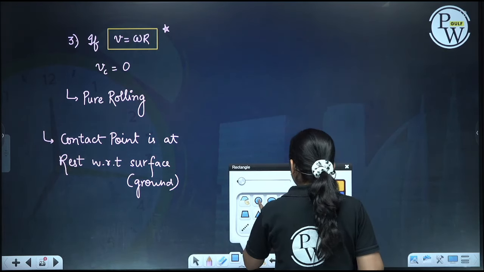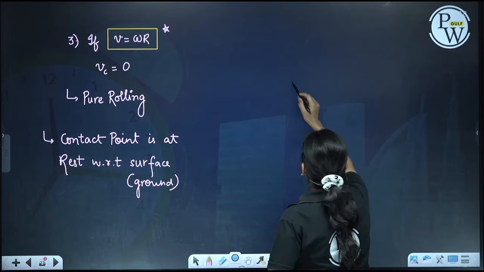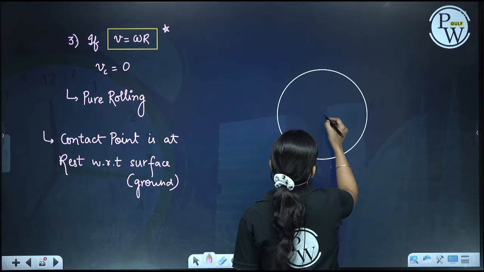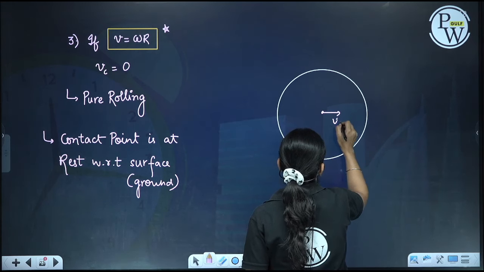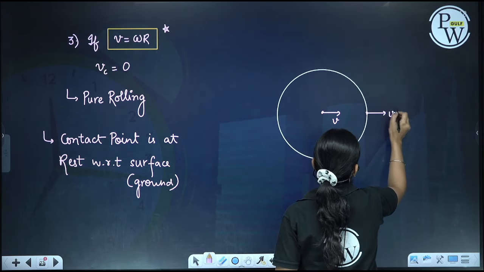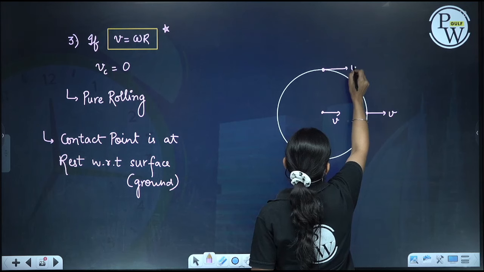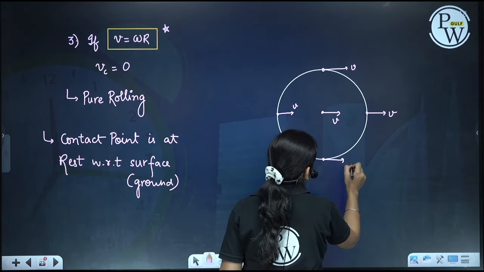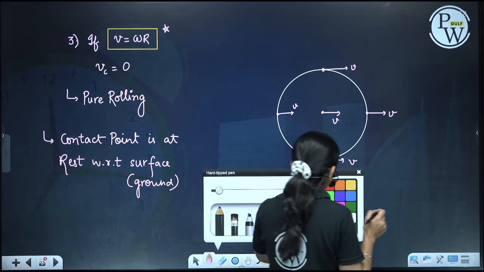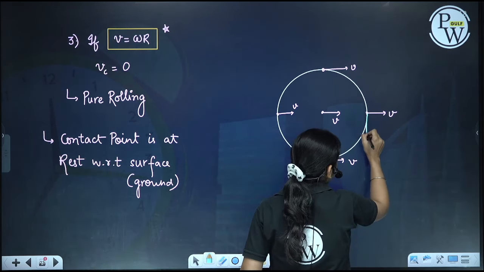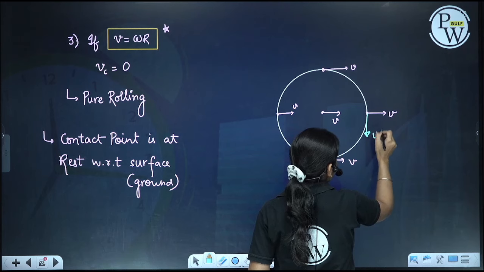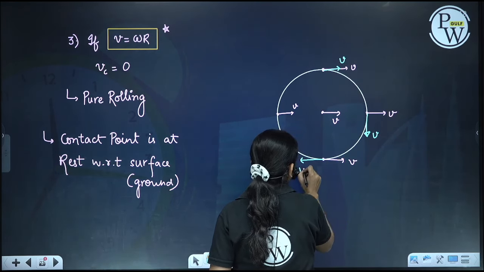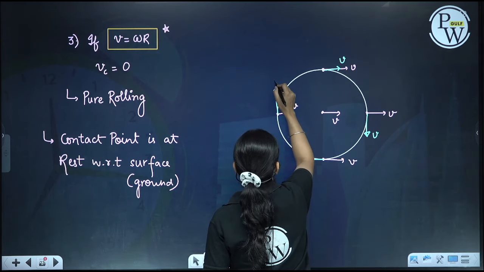Now what will be the velocities of all the other points in pure rolling motion? So if I have a body moving forward with v, every point will have the velocity v. Now because v is equal to omega r, every point will have omega r like this, which is equal to v. So every point will have another v like this.